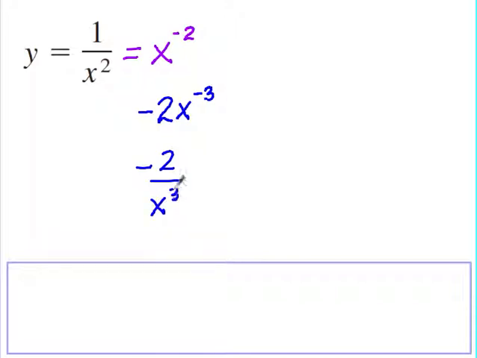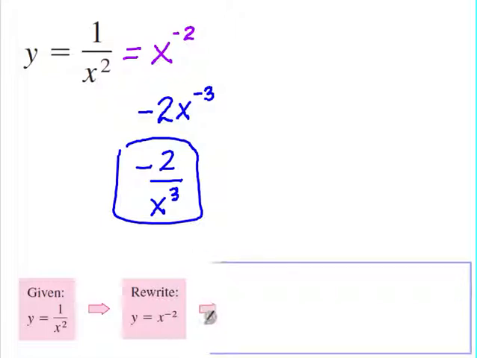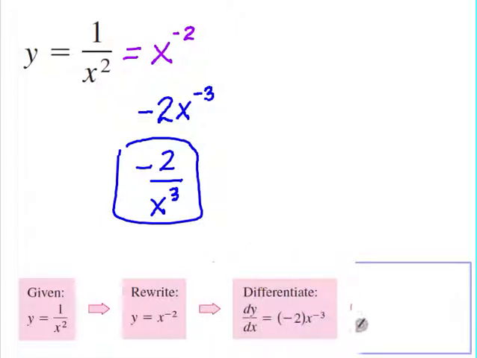When you have them in the denominator, you're going to have to rewrite. What I have down here for you are some steps, because your homework asks you to rewrite and go through these certain steps. Here's your given problem. They ask you to rewrite it, which is what we did. Then they ask you to differentiate, which we did.